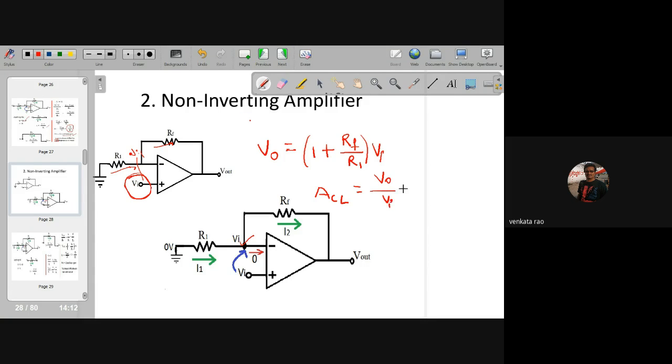It is equal to 1 plus RF by R1. Please all of you once again write down these equations. For the inverting amplifier, minus RF by R1. For the non-inverting amplifier, 1 plus RF by R1. Okay.